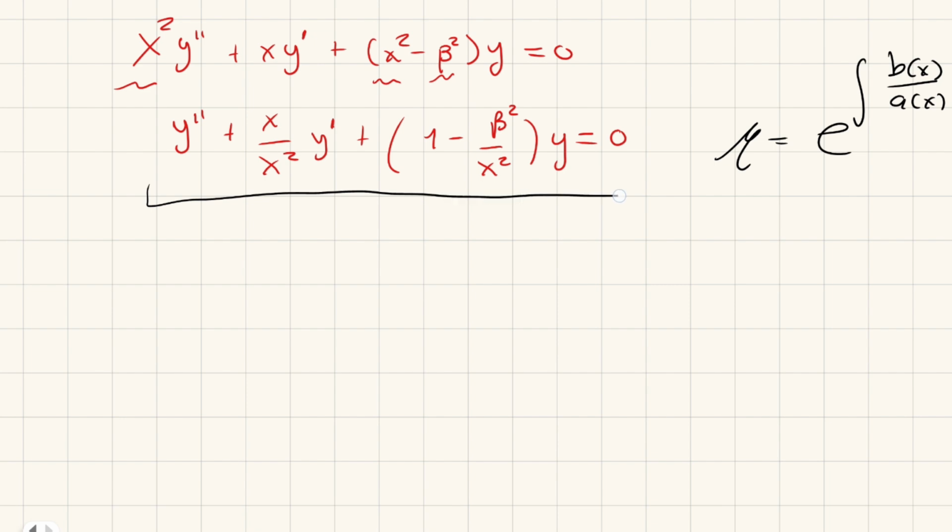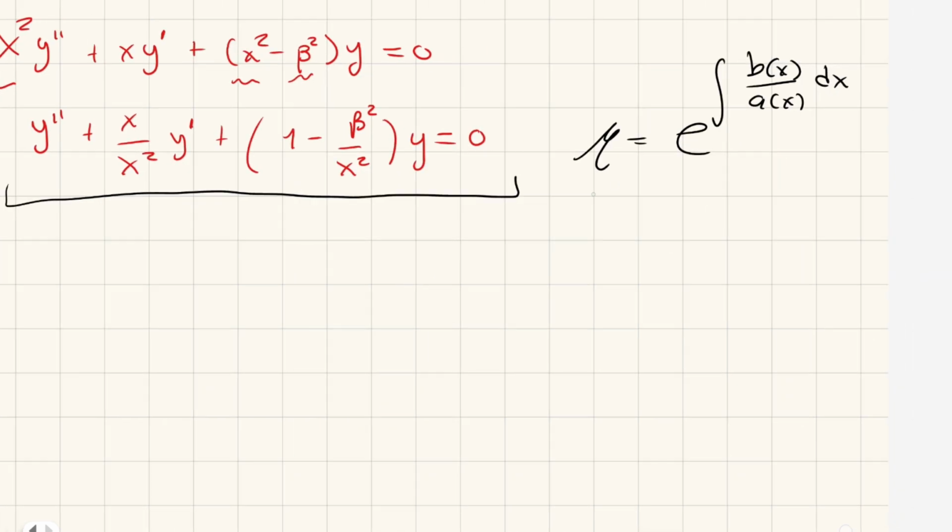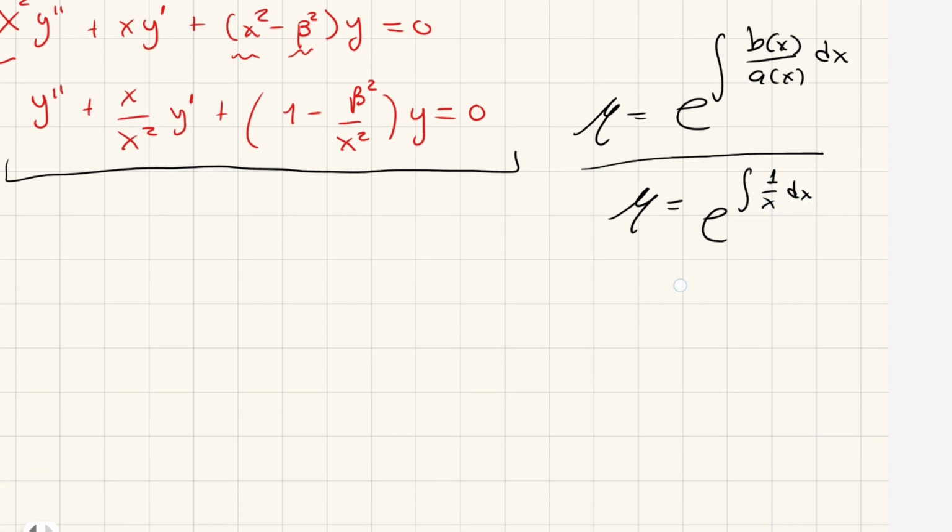So if we want to restructure this equation into a Sturm-Liouville self-adjoint form, we need to multiply by this factor defined as e to the integral of x divided by x squared, but that is 1 divided by x dx. This is going to be e to the natural log of x plus some constant, but we will not be interested in that.